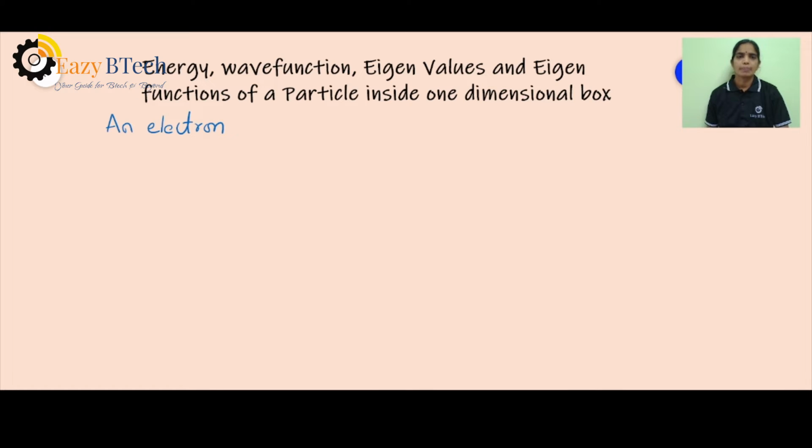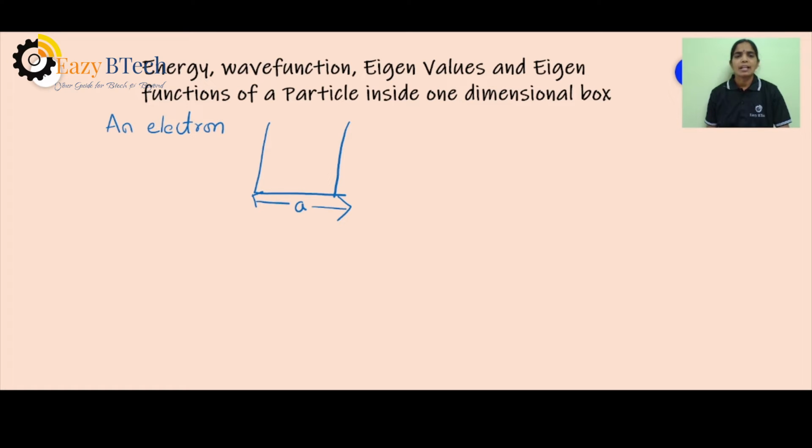Suppose that the length of that particular box, or the length of the metal that you have considered, is A. It could also be a one-dimensional potential box whose length is A. Now you have an electron or a particle trapped inside it.